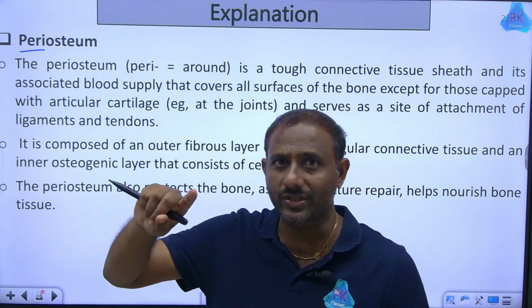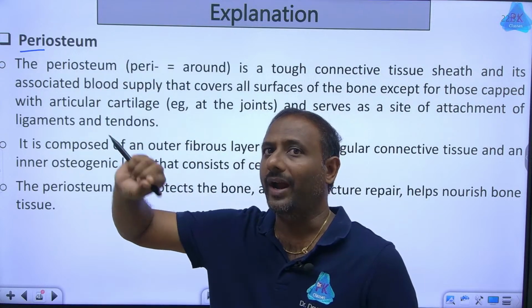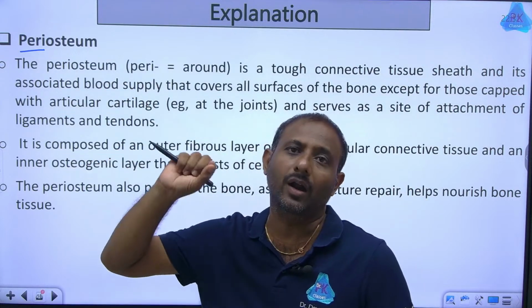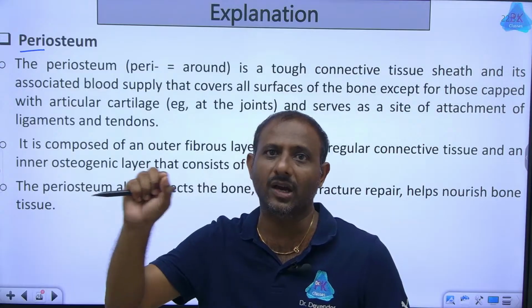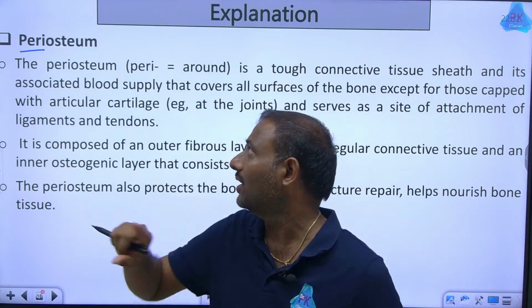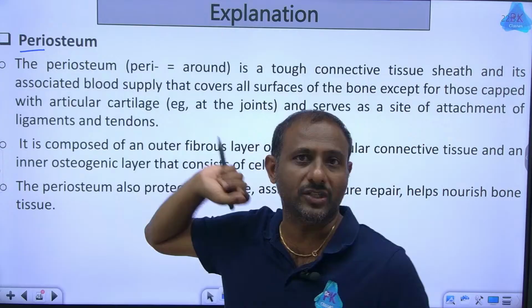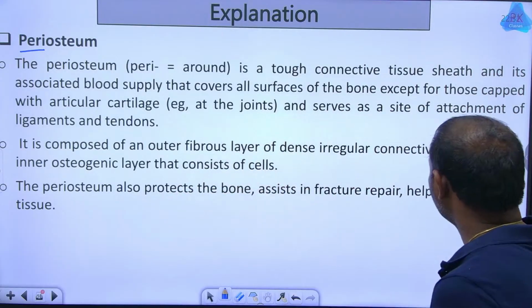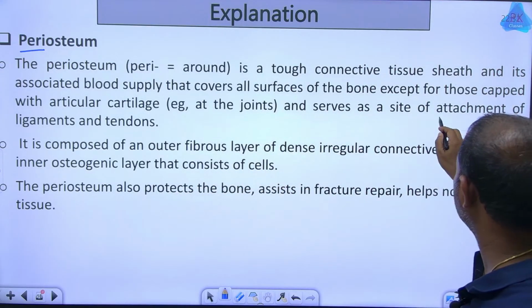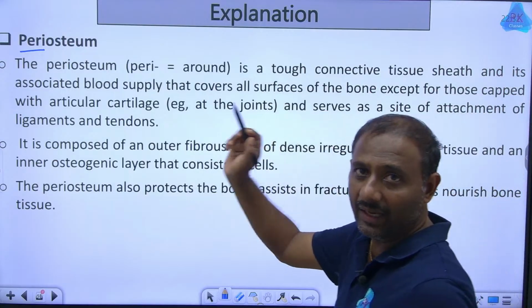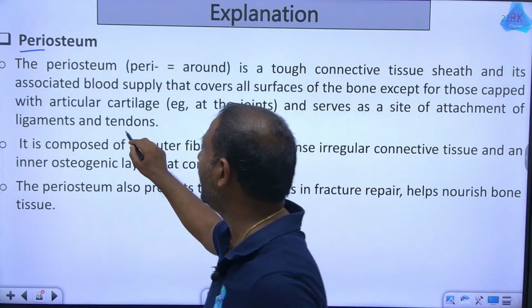Generally, in long bones at the point of joints you have the articular cartilage. मतलब जहां जहां पर articular cartilage नहीं रहेगा वहीं पे periosteum present होगा. ठीक है? And it serves as a site of attachment for the ligaments as well as for the tendons.